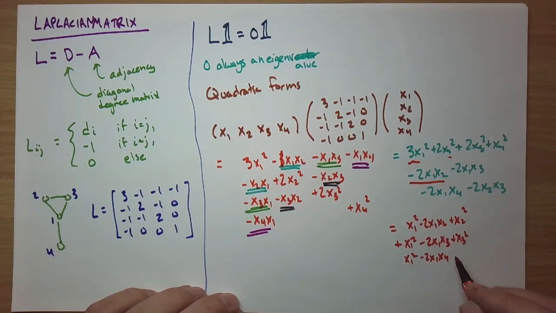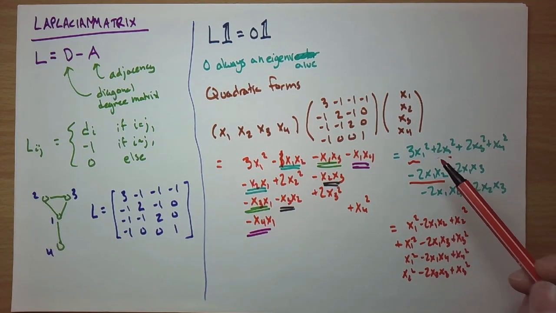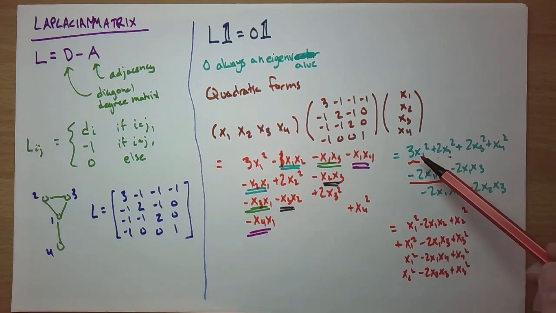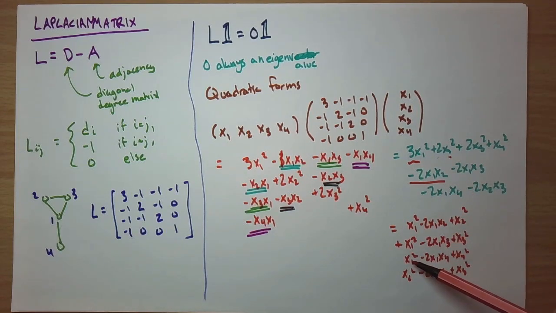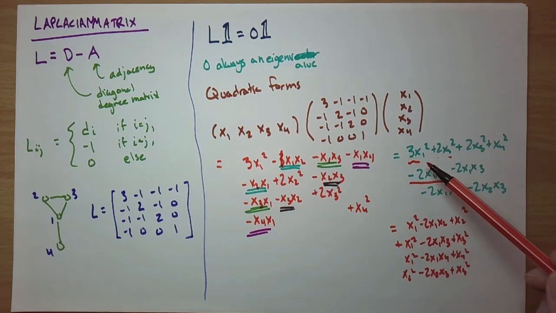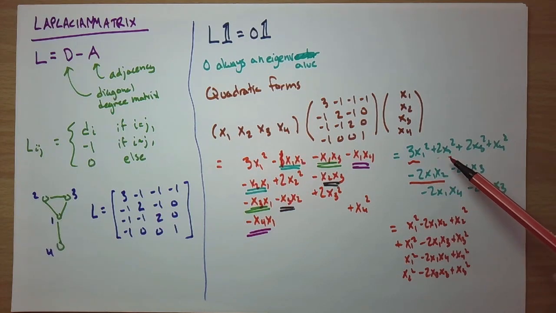Okay, x1 squared, x4 squared, and x2, x3: x3 squared, x2 squared. Well, okay, hold on. What about the squares? We've used up 3 x1 squares, and we had 3 of those. x2 squared, we had used up 2 of those. That's x3 squared, we used up 2 of those. And x4 squared, we only needed 1 of those. So that's actually everything.